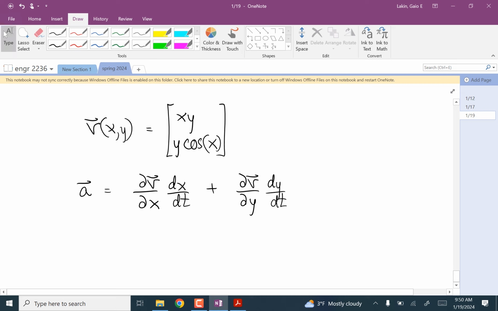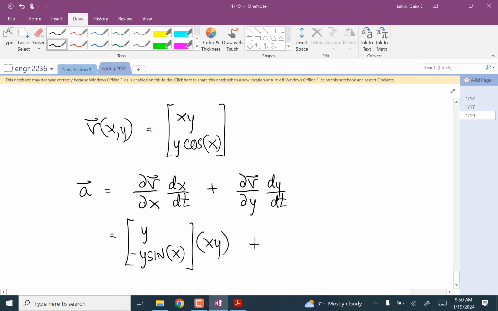And yeah, you can totally do that. dv/dx would be, so you'd have y here. Here you would have negative y sine of x. dx/dt is xy.